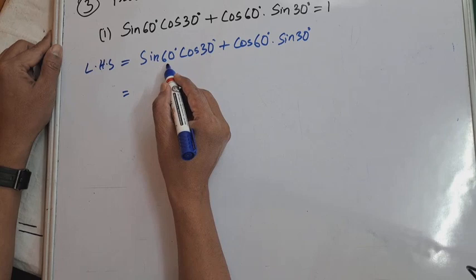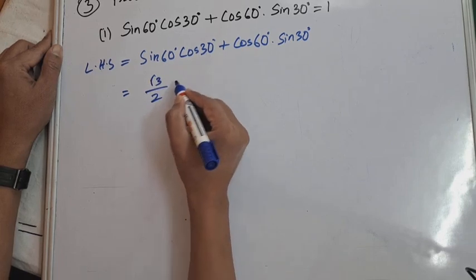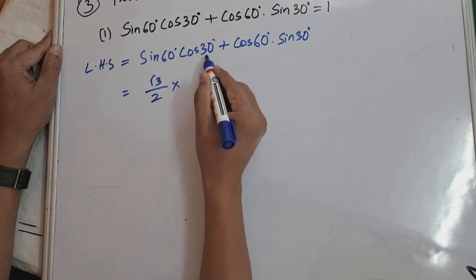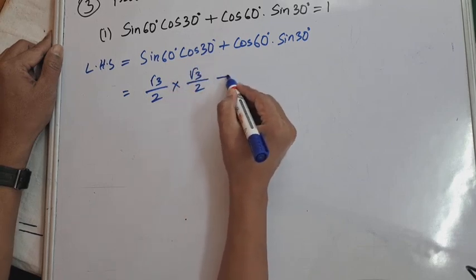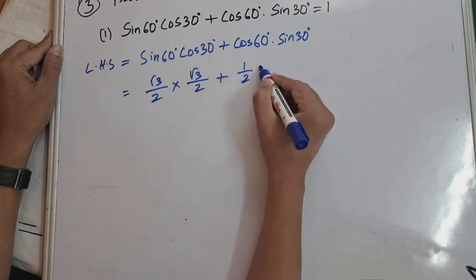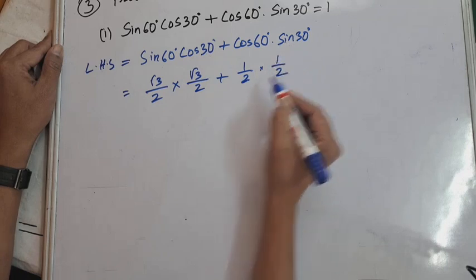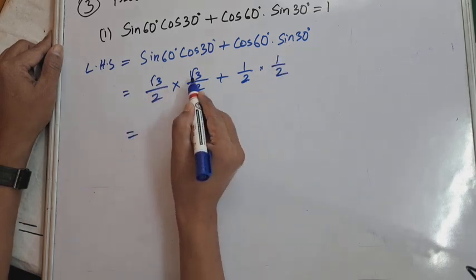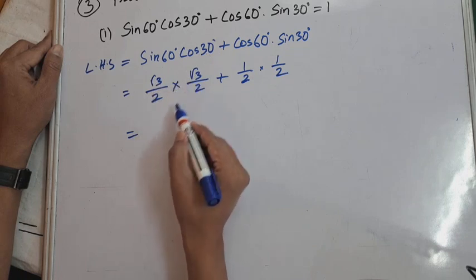Sine 60 is root 3 upon 2, cos 30 degree is root 3 upon 2, plus cos 60 is 1 upon 2 into sine 30 is also 1 upon 2. So we have root 3 into root 3 in the numerator. Root 3 into root 3 is 3.